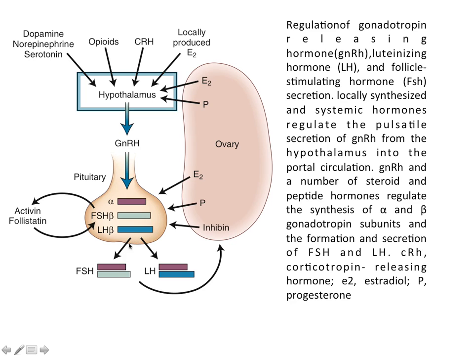Here you can see the secretion of FSH and LH, and these FSH and LH go to the ovary and induce the ovary to secrete progesterone and E2, and this progesterone and E2 give negative regulation to the pituitary as well as the hypothalamus, as I already discussed about this negative regulation.